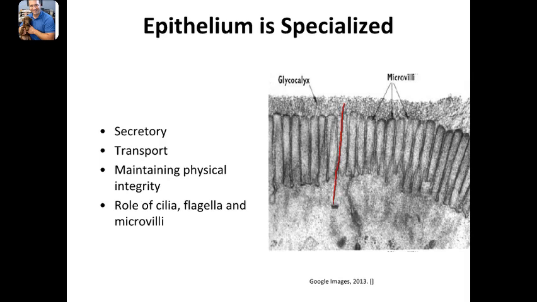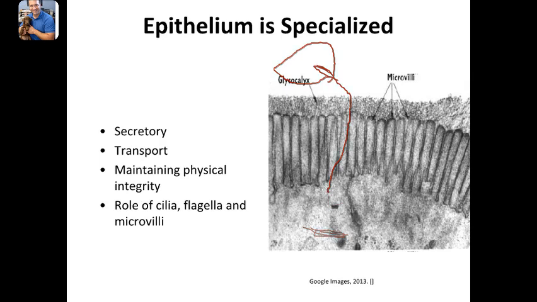So it's going to absorb water and nutrients from the food that you eat and drink into what's called the lumen, or this is the actual tube of the intestine, and this is where the food particles are going to be coming in. They get absorbed, so it transports across that epithelium.